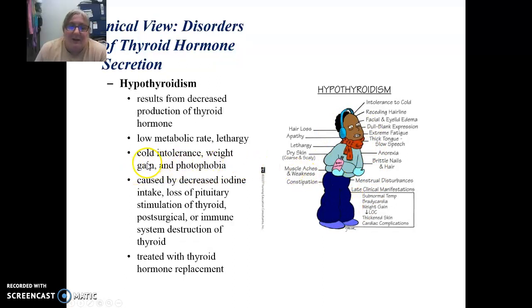You may end up gaining weight, and often this can be caused by either the thyroid gland not secreting properly, or because you have a decreased amount of iodine in your diet. So remember, thyroid hormone can only be produced when we have iodine in our diet, and we get iodine in our diet from something. But I didn't want to tell you because I'm hoping you guys all know.